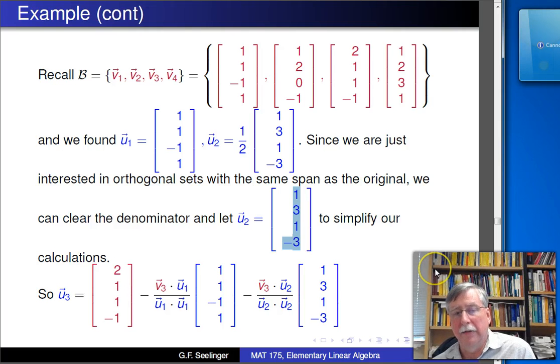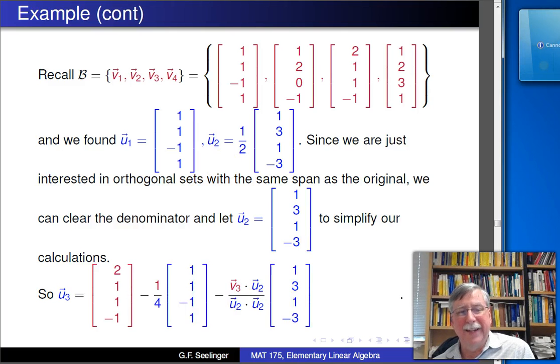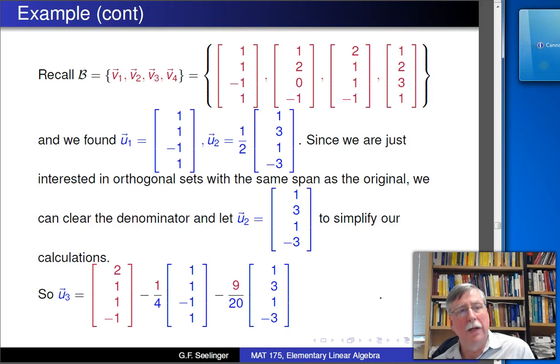Otherwise, I may not get something that's orthogonal. When I do that, I take the various dot products and get my coefficients. The first one will be 1/4. The second one is going to be 9/20. I take that difference, and I get 1/10 of (13, -6, 8, 1). Again, I don't like denominators, so I'll clear that denominator in a minute.